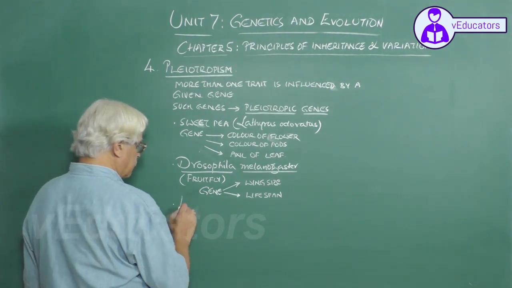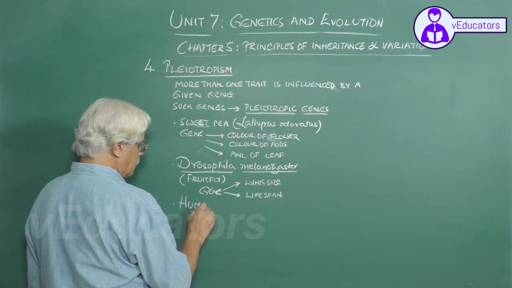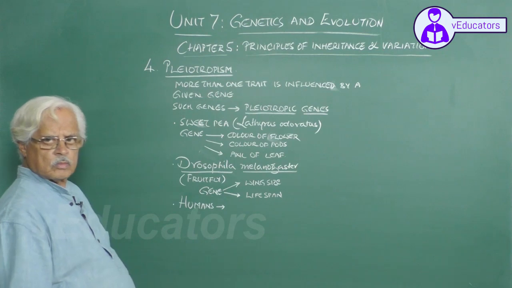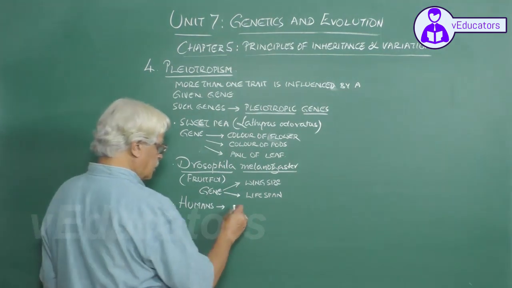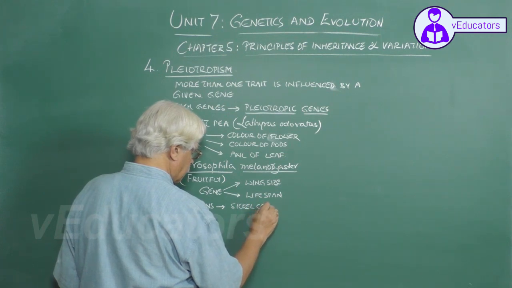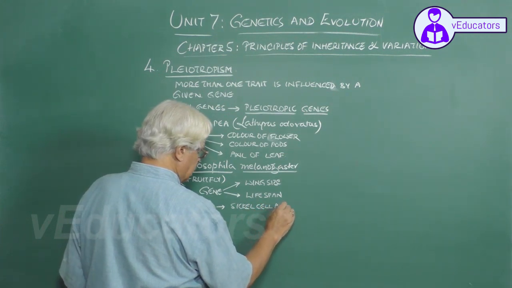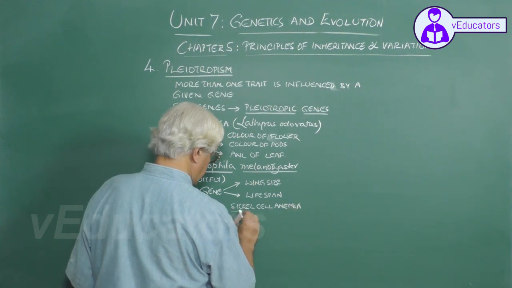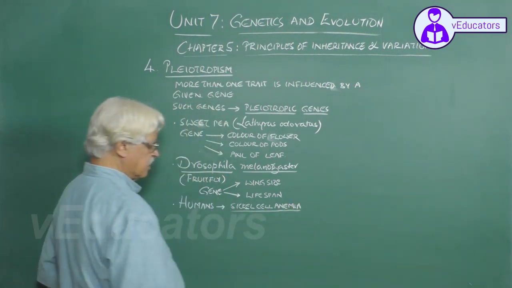There is an example from human beings. In humans, there is a genetic disorder called sickle cell anemia.